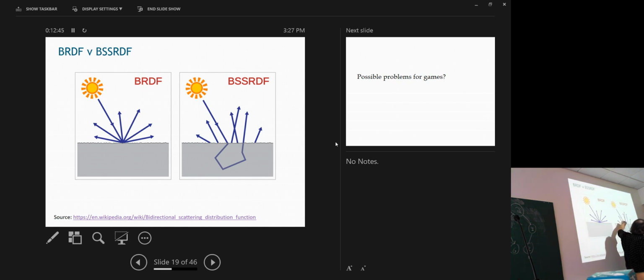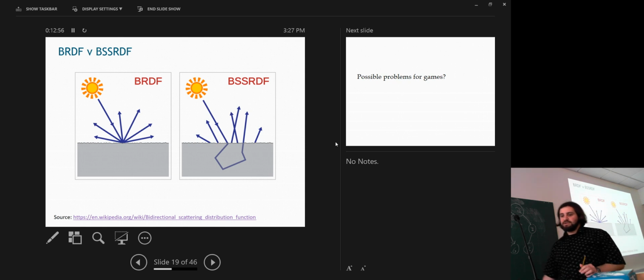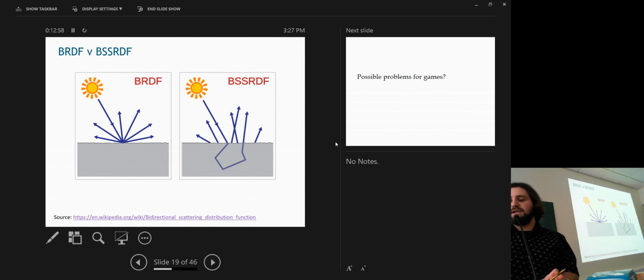So when the light enters it, what happens, whether it's absorbed here, or scattered in this direction, or transmitted to the other side, or back reflected. So this function is more complicated, and we need more variables to describe translucency. So far it's clear, I hope.